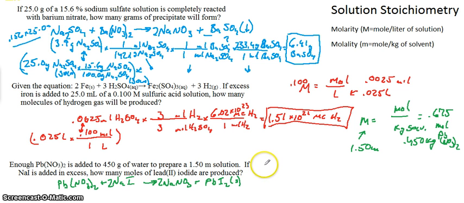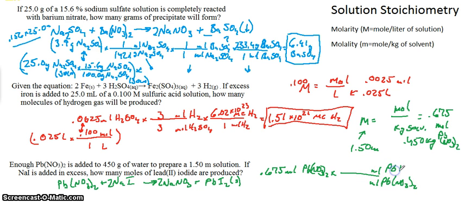So what I'm going to end up with here is 0.675 moles of PbNO3, and I'm going to go from moles of PbNO3 to moles of PbI2, and again, that's 1-to-1, which makes it super easy, because then my answer, of course, is 0.675 moles of PbI2, because stoichiometry tells me that for every 1 mole of this, I'm going to produce 1 mole of this, because it's a 1-to-1 relationship.